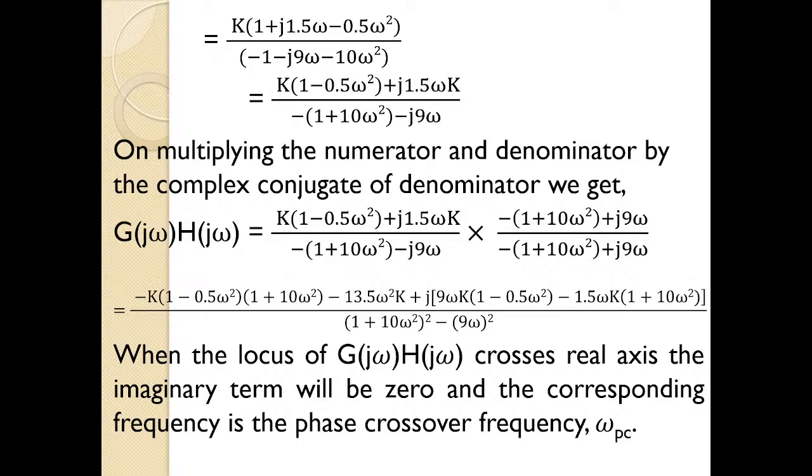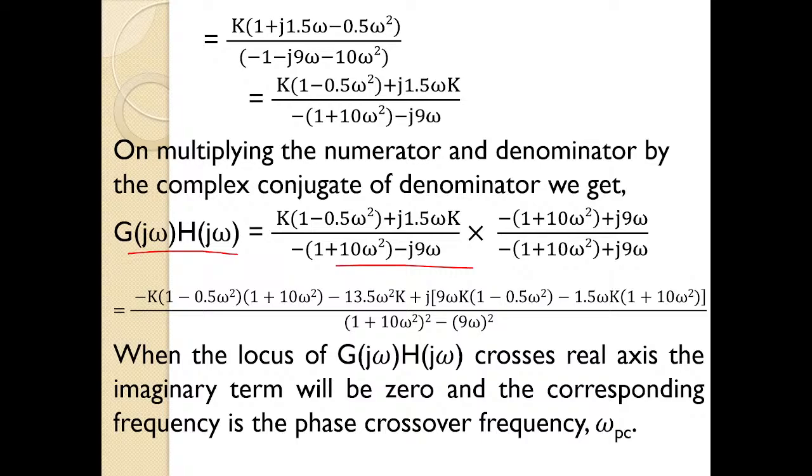So write it down, and later, I wanted to further simplify this equation. That's why I have multiplied and divided this equation with the denominator. In this g of j omega, h of j omega, I have multiplied the denominator with the numerator as well as with the denominator.